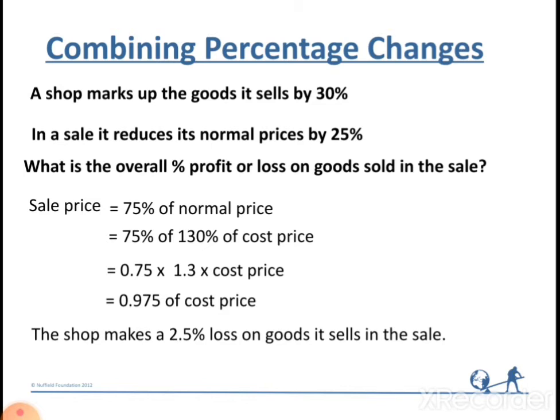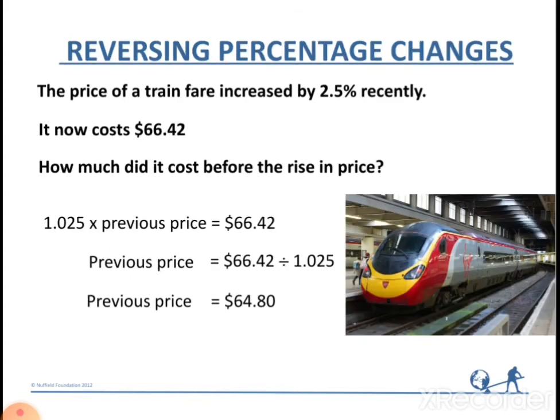The sale price is 75% of the normal price, which is 75% of 130% of the cost price. 0.75, converted from the percentage, multiplied by 1.3, also converted from the percentage, multiplied by the cost price. If we calculate this, the answer will be 0.975 of the cost price. The shop makes a 2.5% loss on a good sold in the sale.